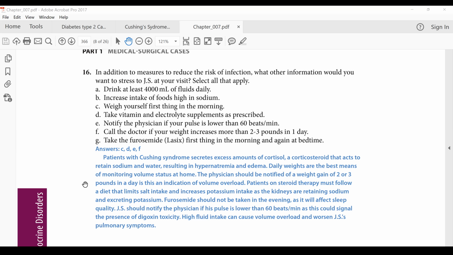So what things do we want to monitor for in Addison's disease? So watch glucose and potassium levels. Okay, so we really want to watch for hypoglycemia and hyperkalemia, right? Because we had an increased K, increased calcium, and decreased glucose. So how do we fix it?